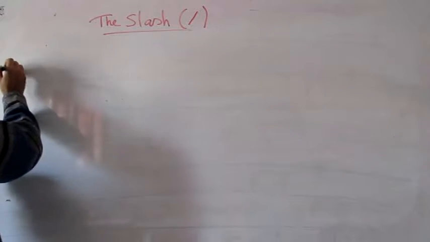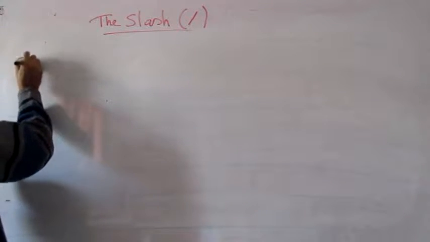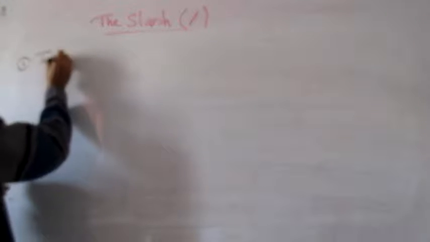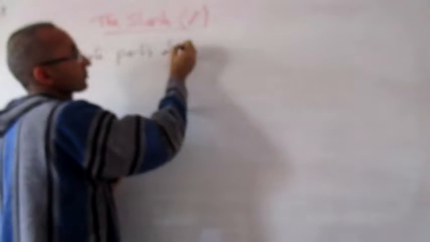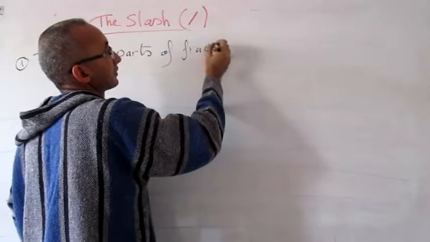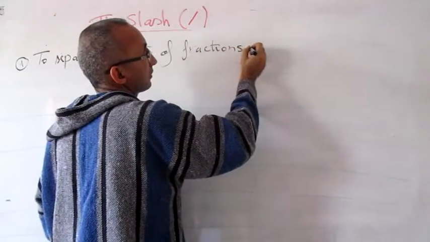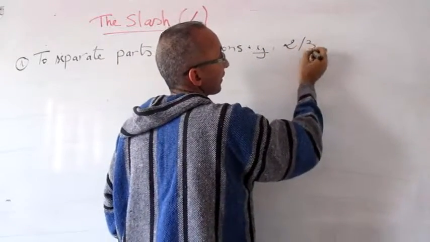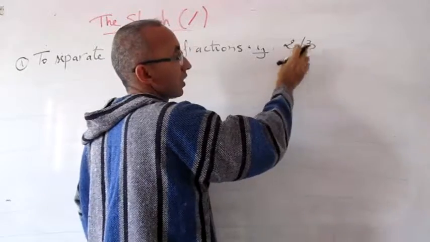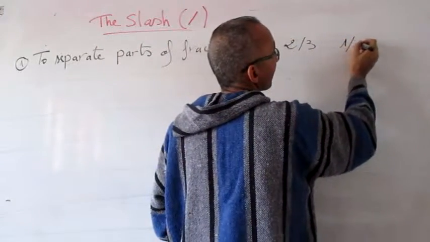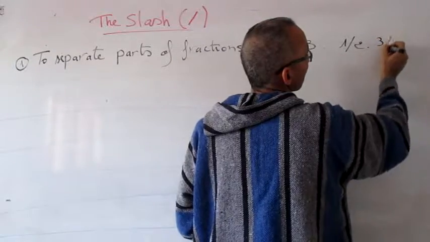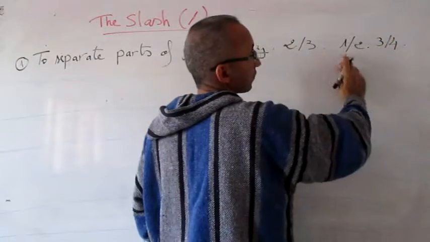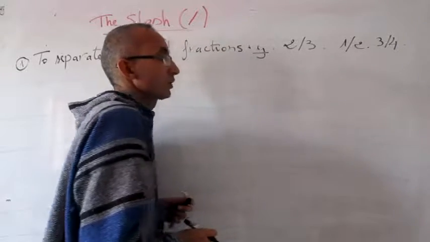So we write, first use, number one, it is used to separate parts of fractions. Example, 2/3, 1/2, 3/4, and so on.